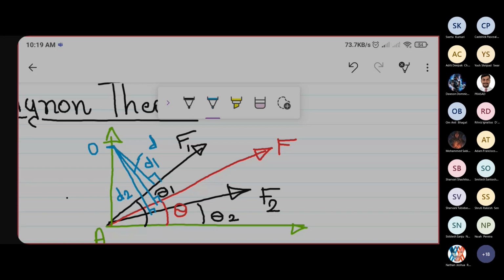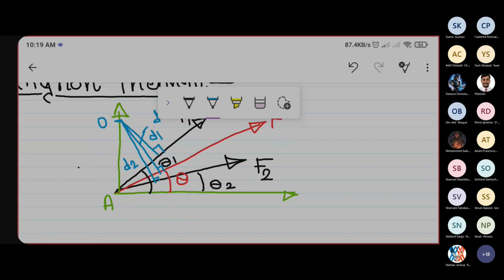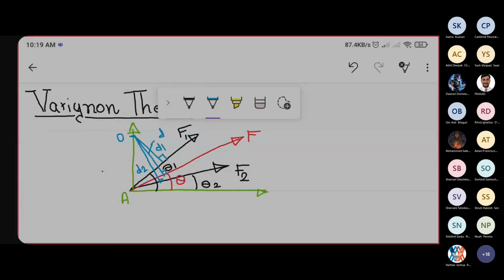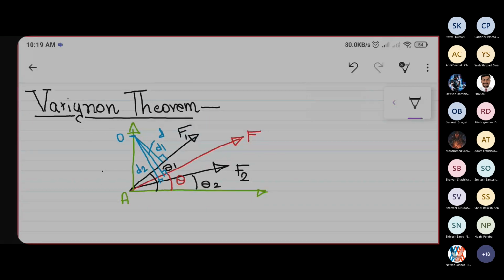Then we consider a point O along the y-axis and project perpendiculars from point O. Let D1, D and D2 be the perpendicular distances from point O to F1, F and F2. Now let's do simple mathematics.